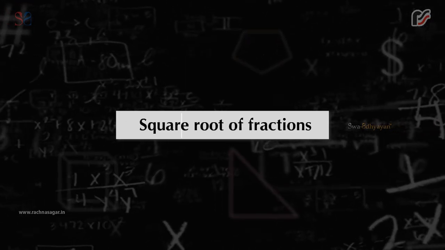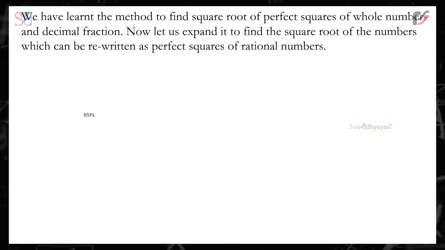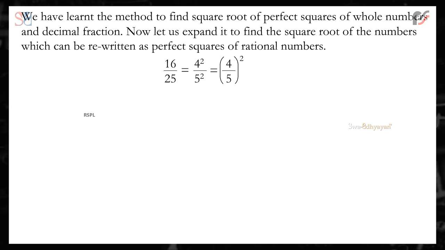Square root of fractions. We have learned the method to find square root of perfect squares of whole numbers and decimal fractions. Now let us expand it to find the square root of the numbers which can be rewritten as perfect squares of rational numbers. 16 by 25 is equal to 4 square by 5 square, which is equal to 4 by 5 whole square.